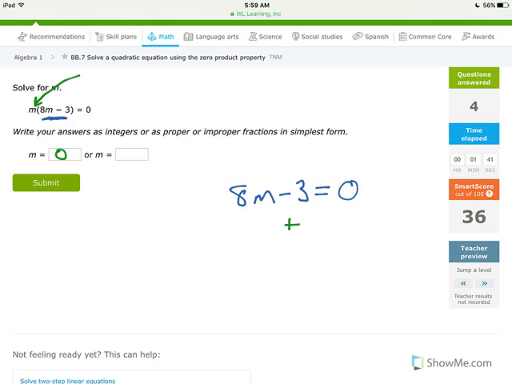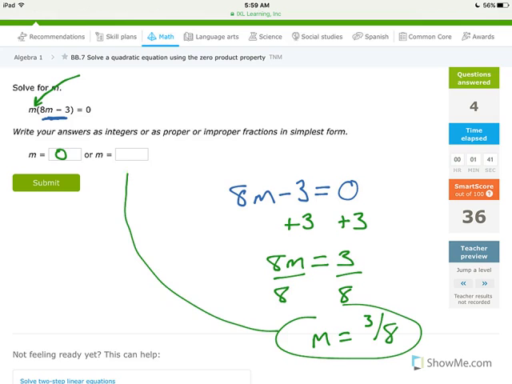If you add 3 to both sides, so this is your basic two-step equation solving, add 3 and then divide by 8. So m would have to be 3/8. So you want to put 3/8 into the solution box. So one solution was 0 and the other one was 3/8.